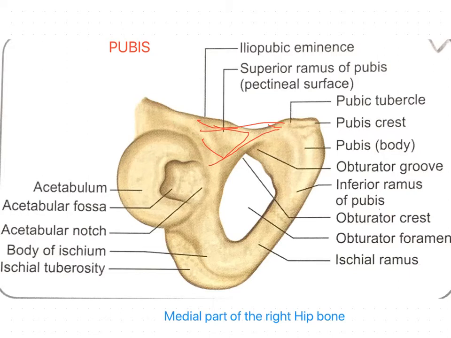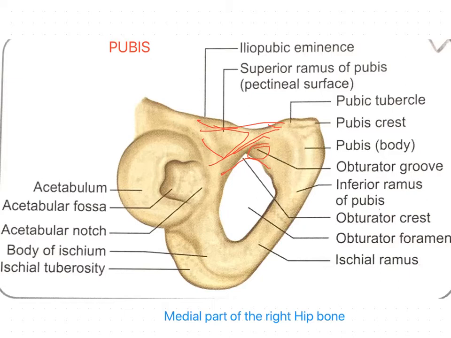The obturator surface lies between the anterior and inferior borders and presents the obturator groove. So this is about the superior ramus.